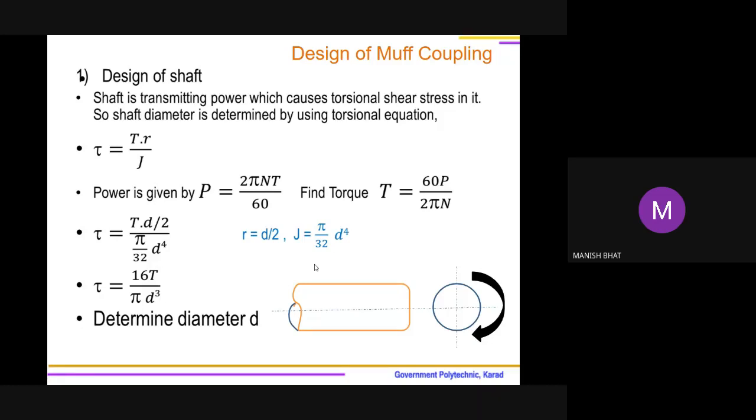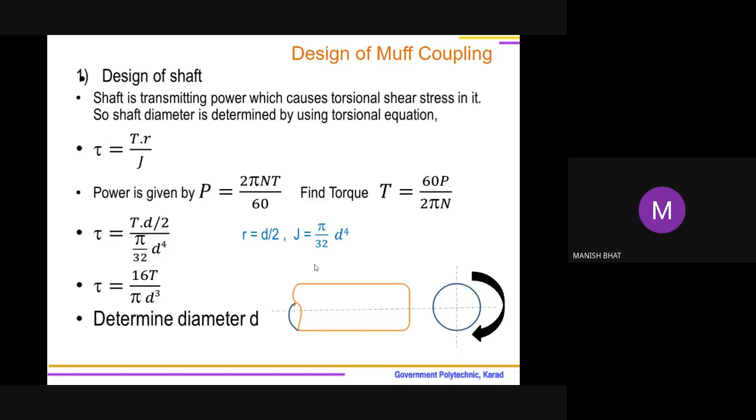So we can find how much torsional shear stress is induced in a shaft by using the torsional shear formula, which is tau equal to TR divided by J. Tau is the torsional shear stress, T is the torque, R is the distance of the maximum stress plane from the neutral axis, and J is the polar moment of inertia.